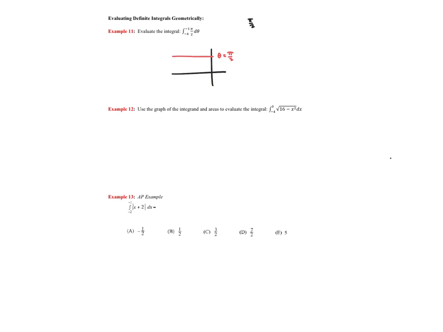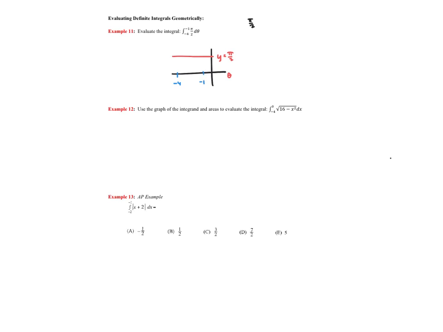Actually, I think I got that twisted a little bit. Let's call this y, because theta is the independent variable right here. So y equals pi over 2, and we're going to integrate. That's just a horizontal line from -4 to -1.